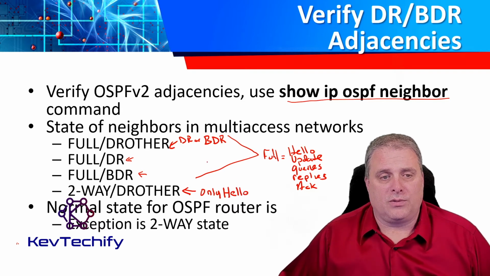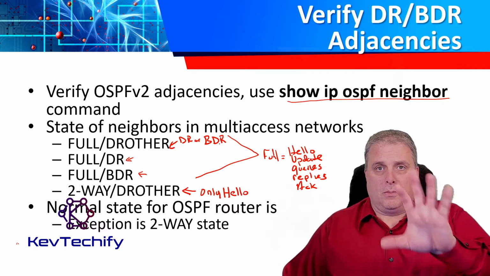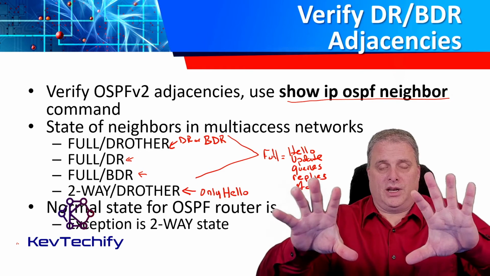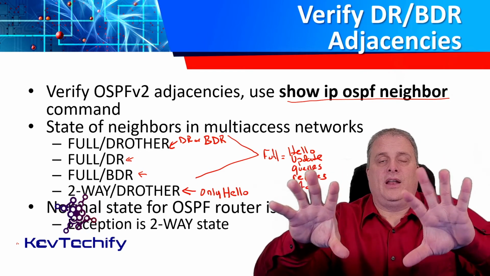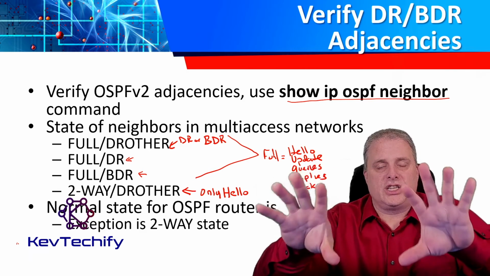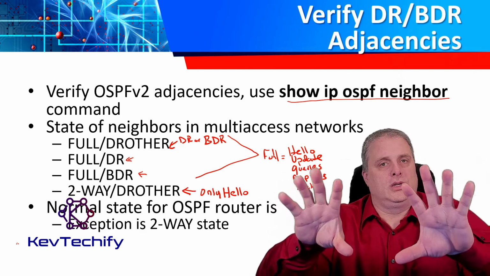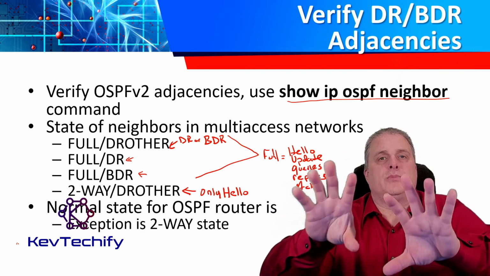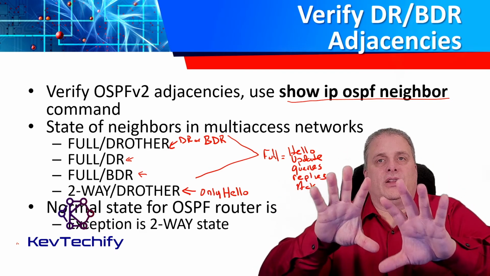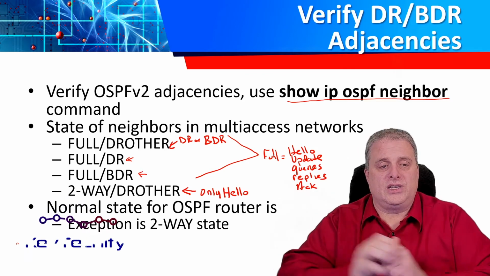Remember how OSPF works. Your designated router and your backup designated router maintain those full tables. They maintain those full adjacencies, a connection to all the other routers. They're the only ones responsible for sending those LSAs to all the other devices.